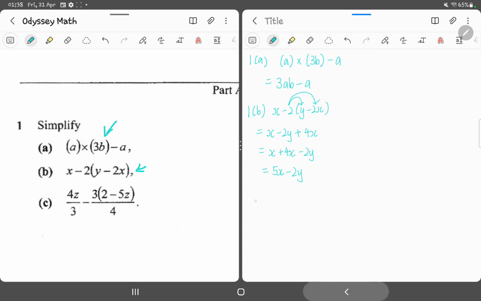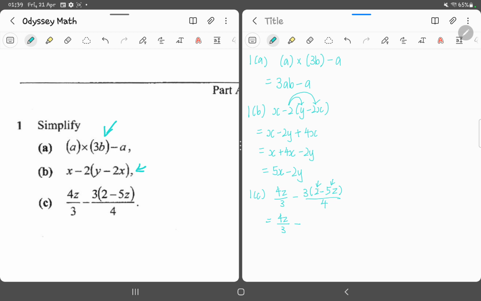Right, let's move on to question 1c, which looks a little bit intimidating, but definitely doable. So we have 4z over 3 minus 3 bracket 2 minus 5z bracket over 4. What I'm going to do here is not do anything to the denominator of the fractions. So 4z over 3, I'm going to write it as such, minus, same thing, I have something outside multiplied by something inside the bracket, and inside the bracket there are 2 terms.